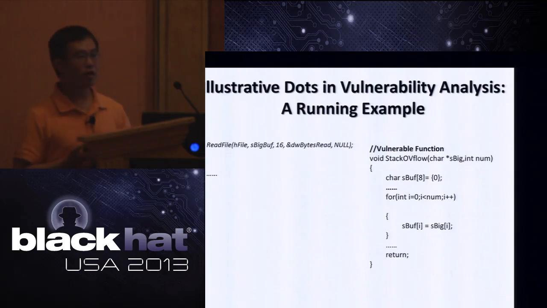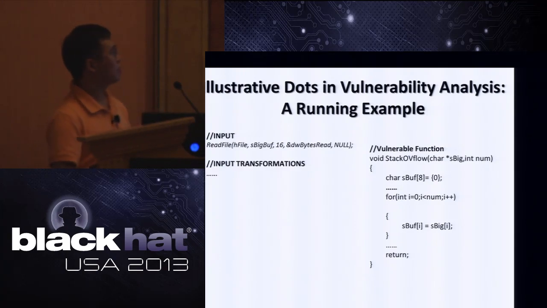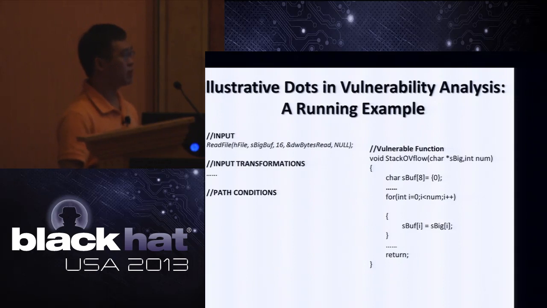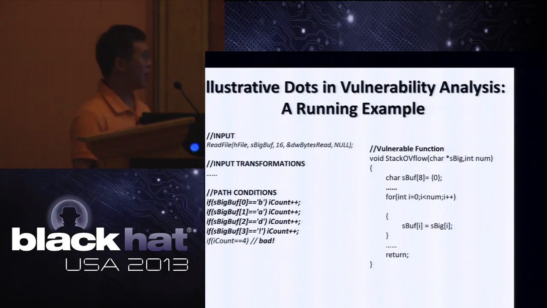Let me introduce a running example, a very simple example, just to help you understand the concept of our approaches. This example starts with input from a file, and might go through some input transformation. When certain pass conditions are met, it might trigger a vulnerable function.